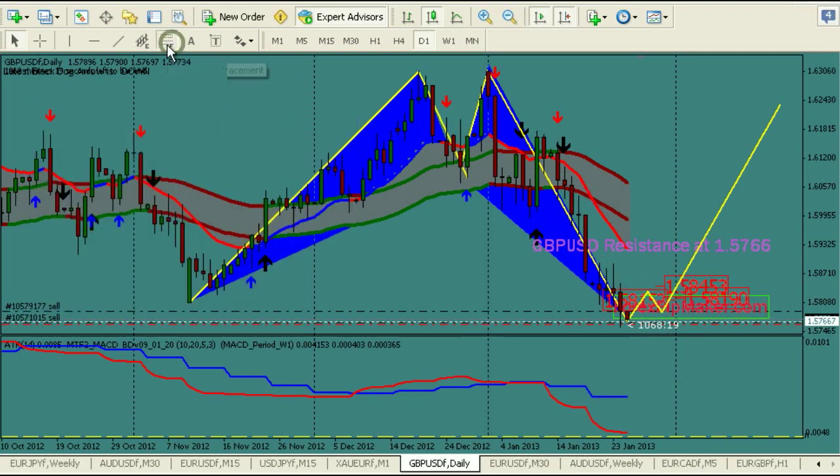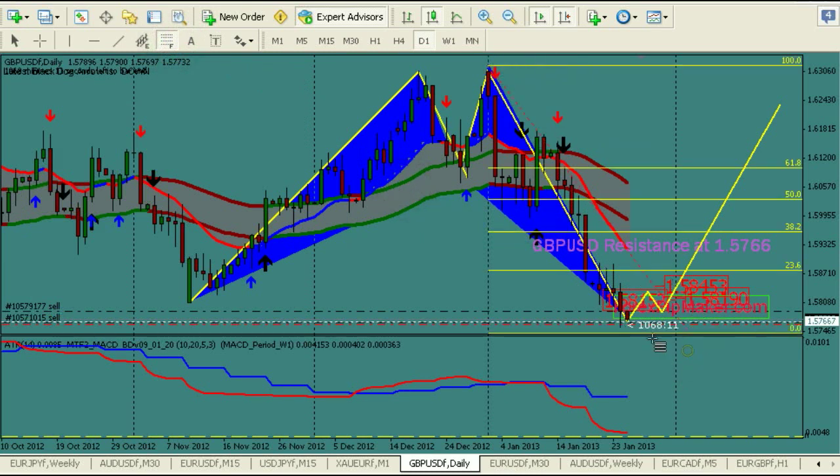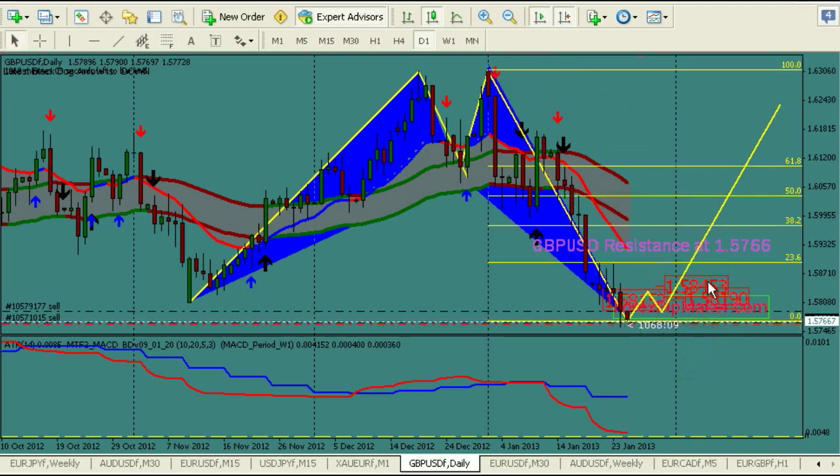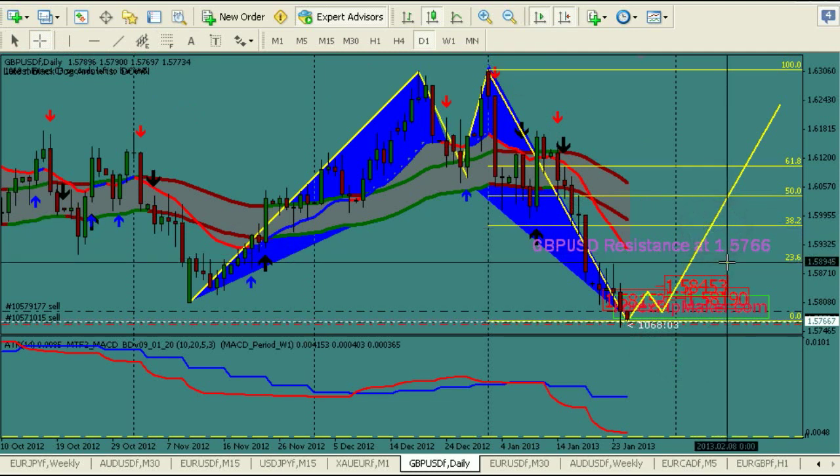Then some things to look out for as profit targets would be the Fibonacci levels. Starting from the top down, obviously we're looking at the first target roundabouts at 158.94. So as of now, it's 130 pips profit.